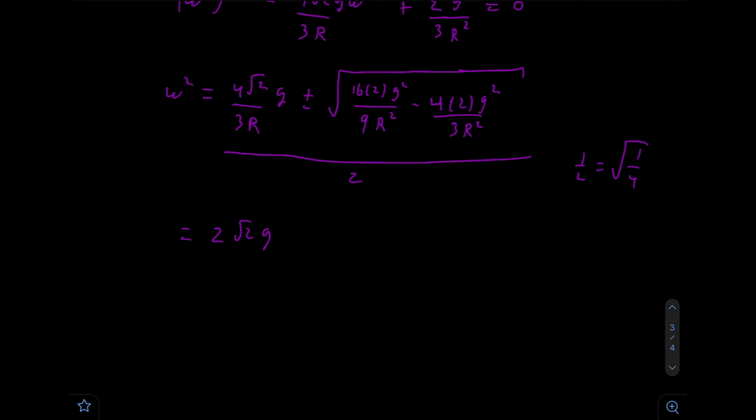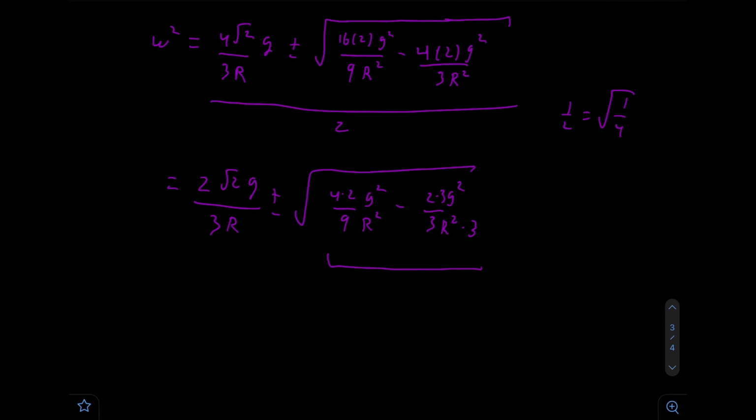For this guy, it's going to be 2 root 2 g over 3r plus or minus the square root of 8 over 9 g squared over r squared minus 2/3 g squared over r squared. Let's multiply this by 3, this by 3.